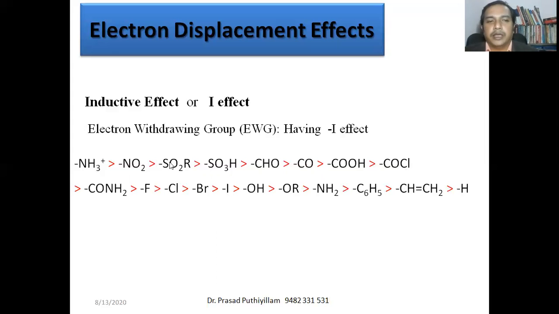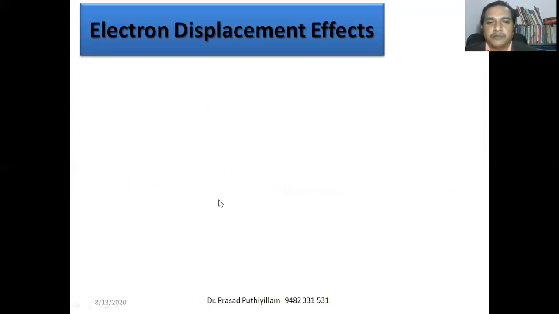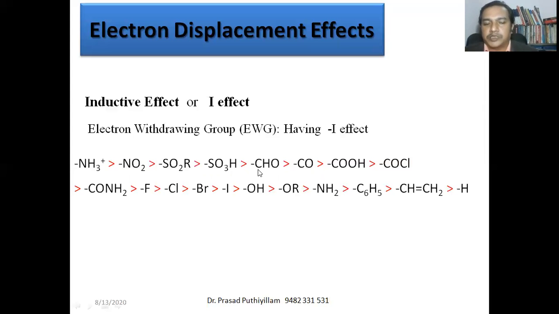These are the groups which show minus I effect, in decreasing order. If these groups are attached to another group, they always try to pull electron density.